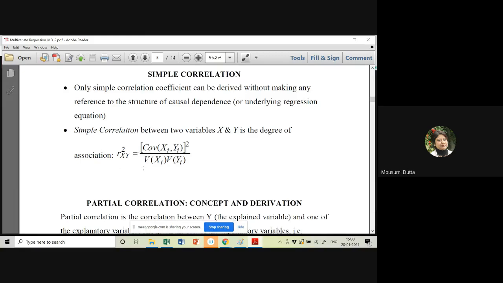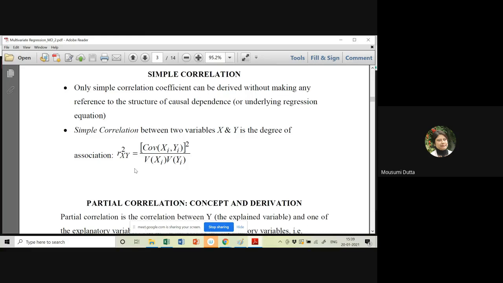In this particular case, I have considered correlation, simple correlation between x and y. You can consider all x variables and the y variable together. You can consider a subset of x variables and y variable, or you may consider a subset of x variables, or you may consider the entire set of x variables when you are considering this simple correlation.